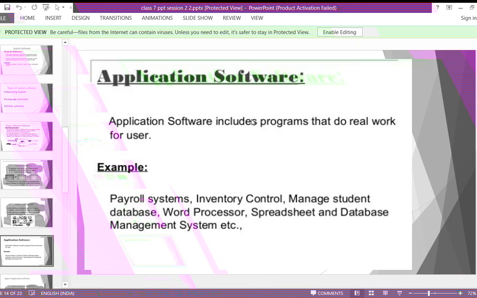So now this application software includes programs that do real work for the user. It means in this application software also, there are some softwares by which they can do our work, which really do the work for the user. So we will see some of the application software.